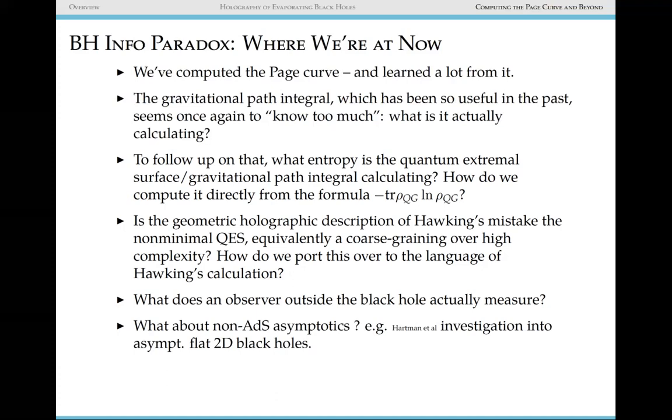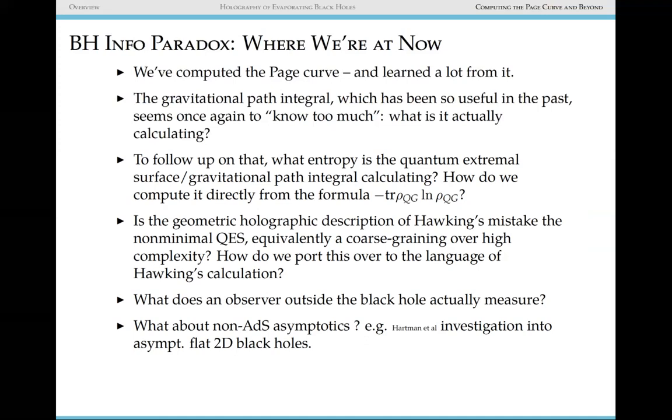Then I think there was a question last time about non-AdS asymptotics. So now, if you agree that the gravitational path integral computes the partition function of quantum gravity for asymptotics that are not AdS, then you can actually do calculations for other asymptotics and find exactly the same type of phenomena.